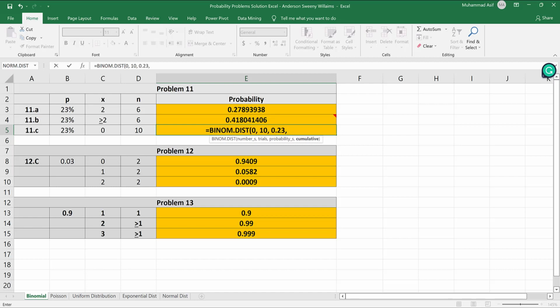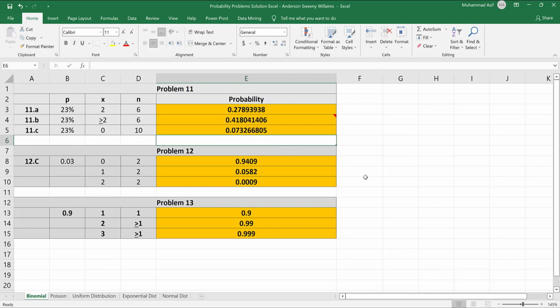No, because we are interested only in 0, not anything less than that, so we'll say false. And that gives a probability of 0.073 or 7.3%.